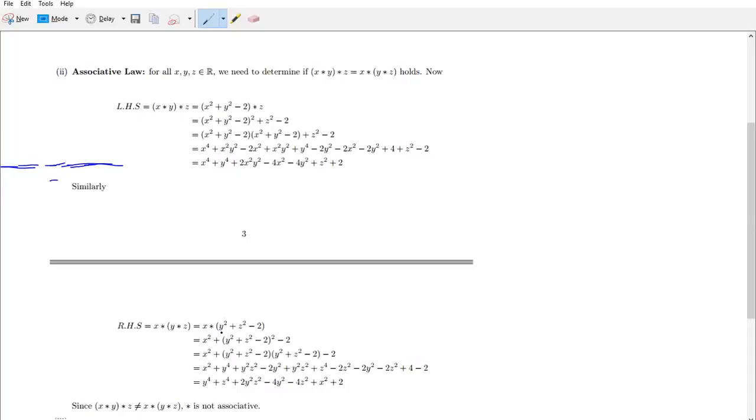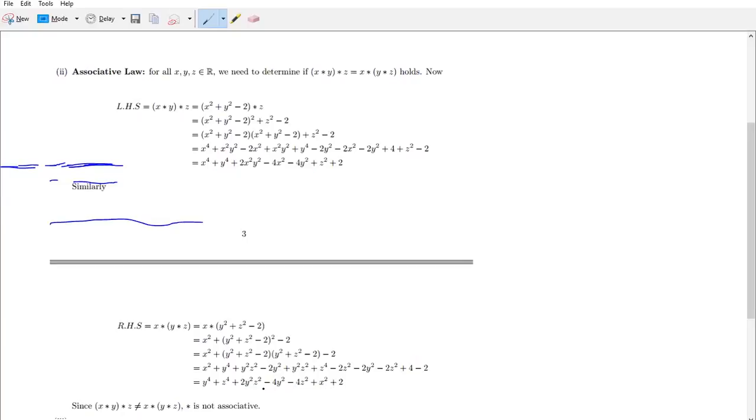Then where there is this, I'm replacing it with that again. And then I'll square it and then minus 2. And when you simplify this further, you get this as your solution.